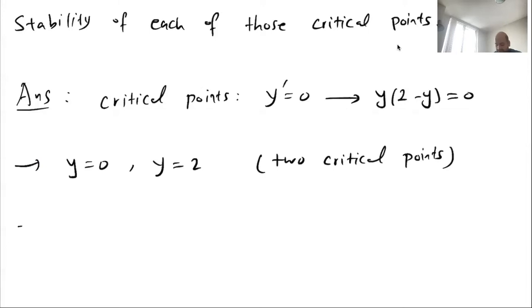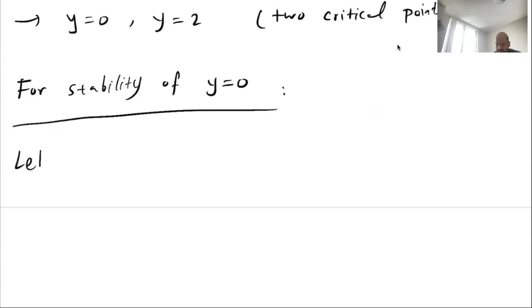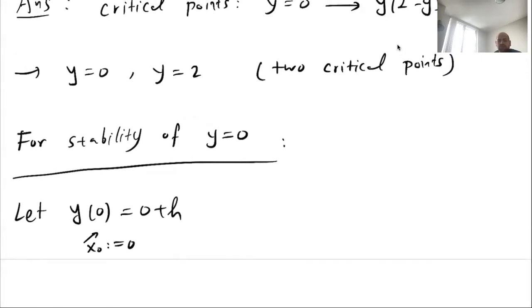Now for stability of y equals 0, let's start with y equals 0. So let y of 0 equal 0 plus h. So this is my x0, which I chose as 0, and my y0 is 0.